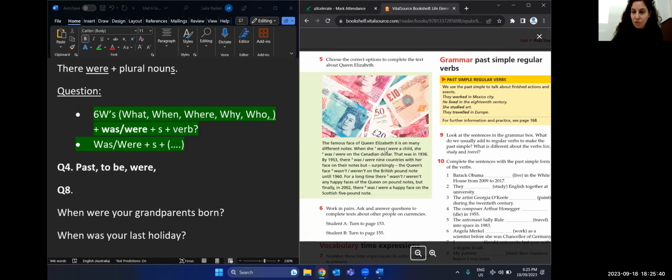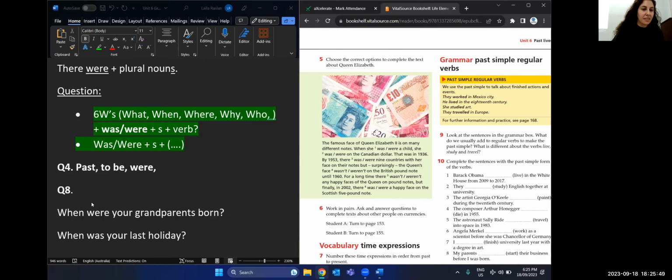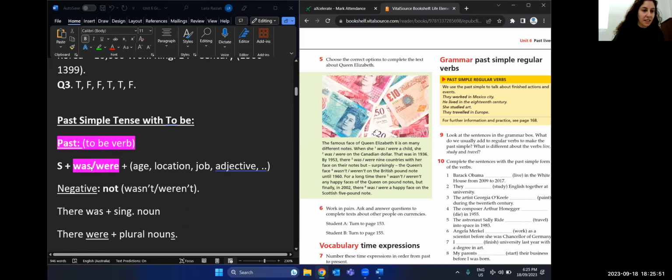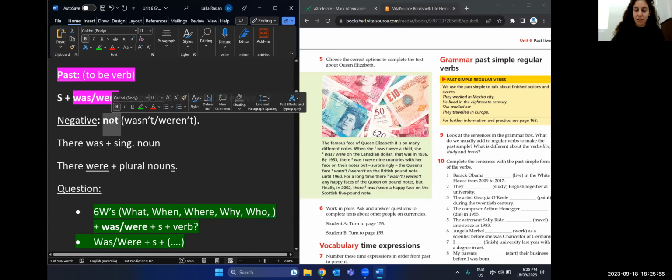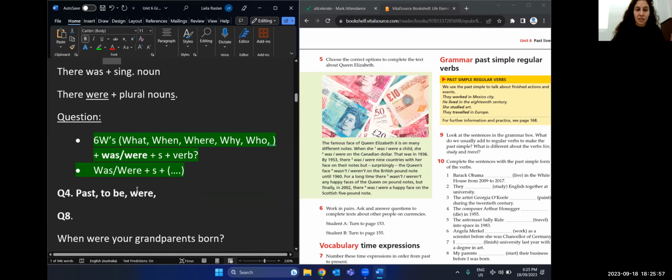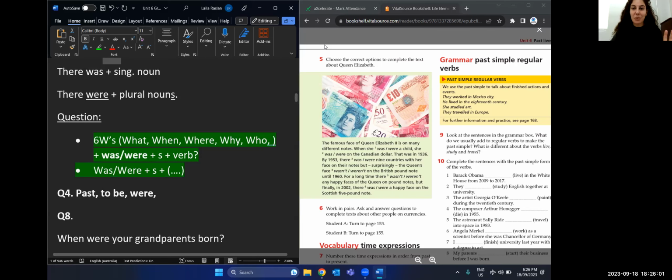So read it and choose which to be, what was or were, you want to circle in your answers. Remember the rules about the subject. It depends on the subject, which one we choose. And if you want to make a negative, make sure it's a not added. And if it's a question, you know how to do the question. Okay, so I'll give you 2 minutes and we'll come back and read it together.